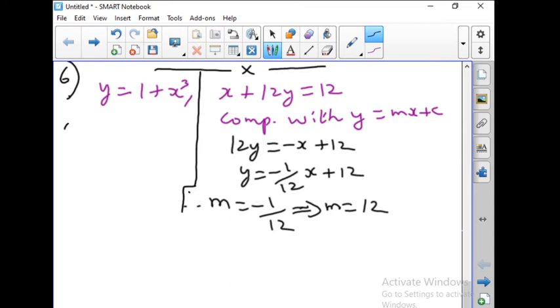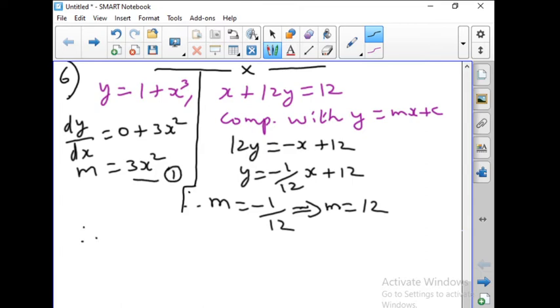So differentiating, what you get? dy by dx is equal to 0 plus 3x square. So this is also m. So m is equal to 3x square. So therefore, this is 1 and this you take as 2. From 1 and 2.